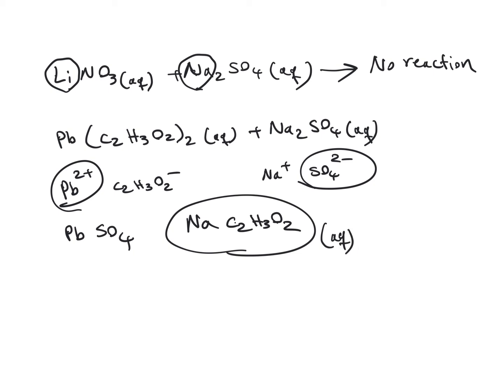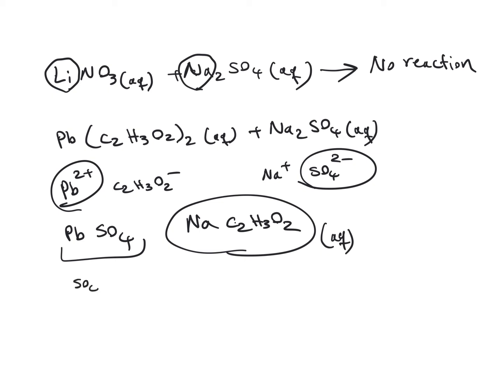Now you should remember sodium. We said sodium, lithium, potassium, ammonium, nitrate, and acetate. These are always soluble, no exceptions. What about PbSO4? Sulfate is mostly soluble, but when it pairs with calcium, strontium, barium, or lead 2 Pb 2 plus, the compound is insoluble.